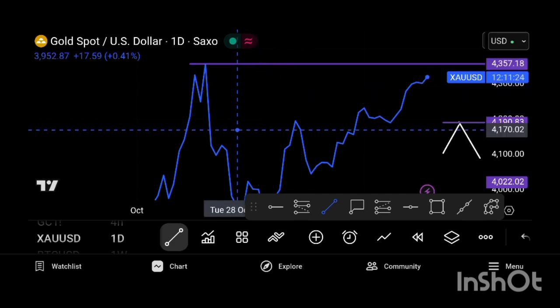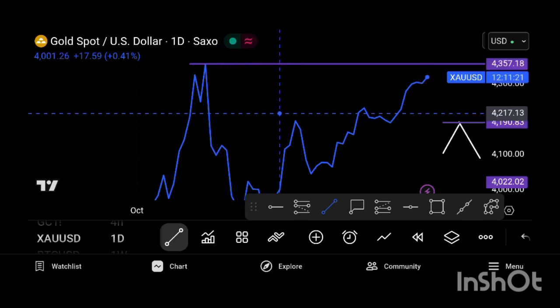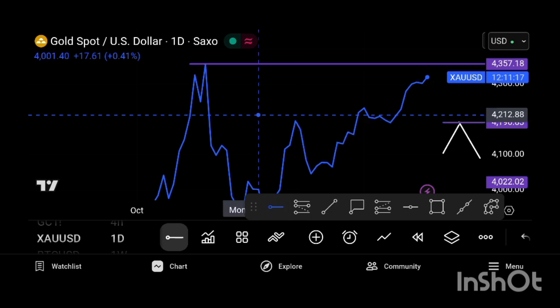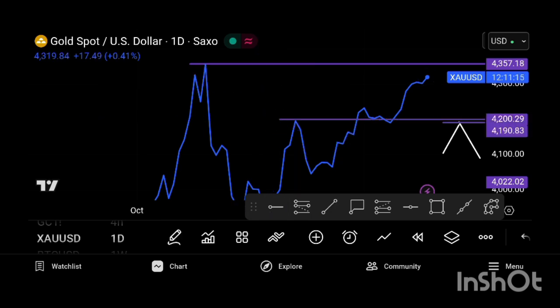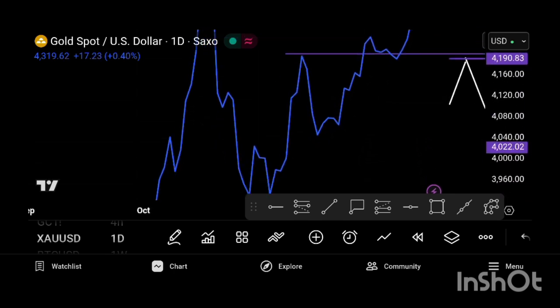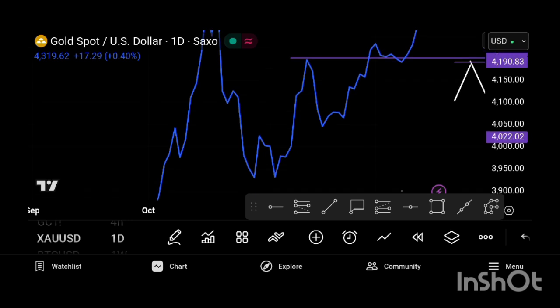We have another A here, which is also an apex resistance here. But you can see in this case, price broke the resistance, retested it, and kept going up. So wherever you see A, it is resistance.